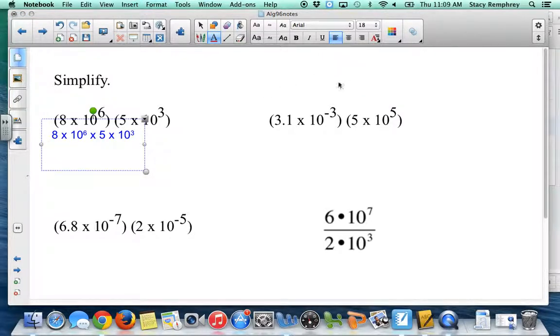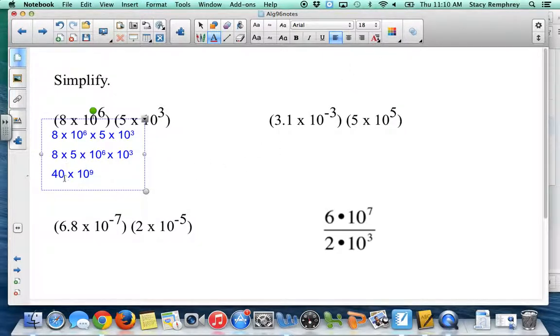And then all I'm going to do is use the commutative property to rewrite them so the like numbers are together. Now, 8 times 5 I know is 40. And I can use my exponent rules. I have 6 tens in a row with 3 tens in a row, so I have 10 to the 9th, or adding the exponents.